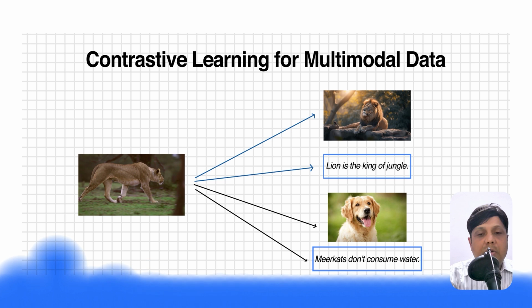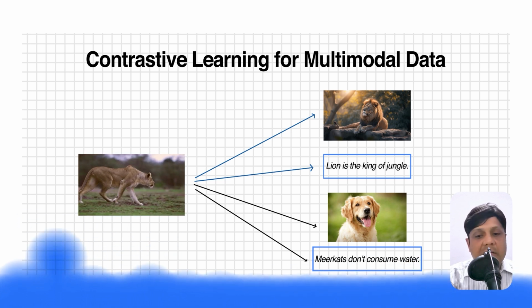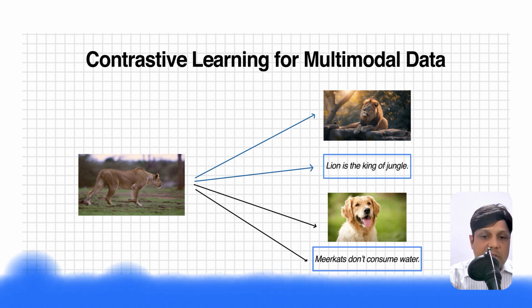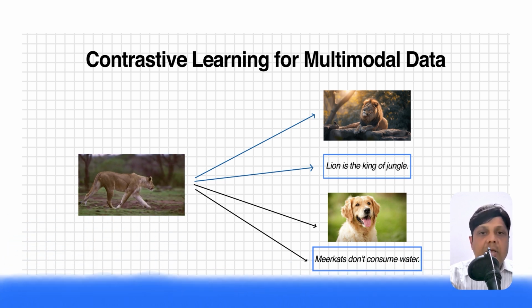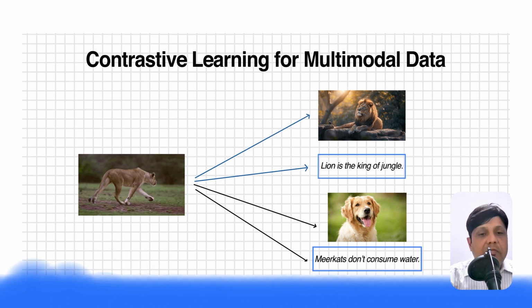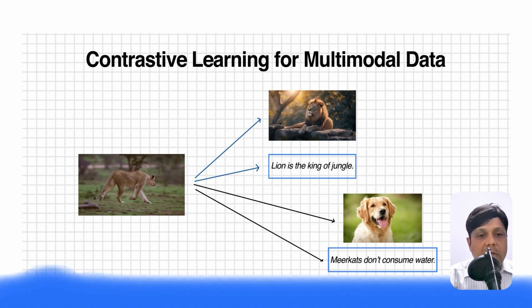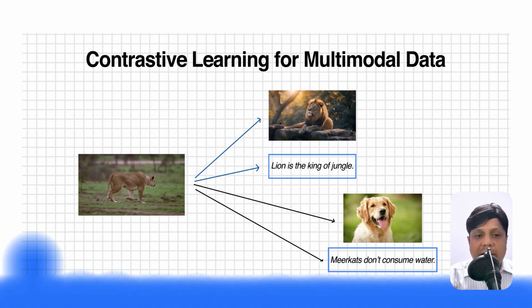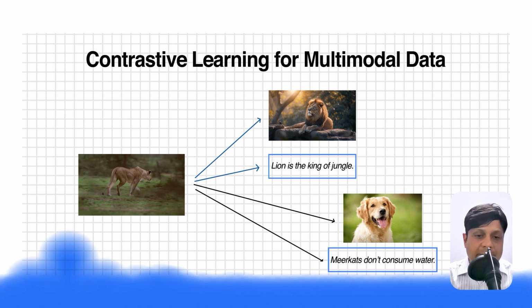And then there could be a completely different sentence and a completely unrelated image. These could act as negative examples. So when we create multimodal embeddings, irrespective of the modality, the positive and anchor come closer, and the negative and anchor have more distance between them.